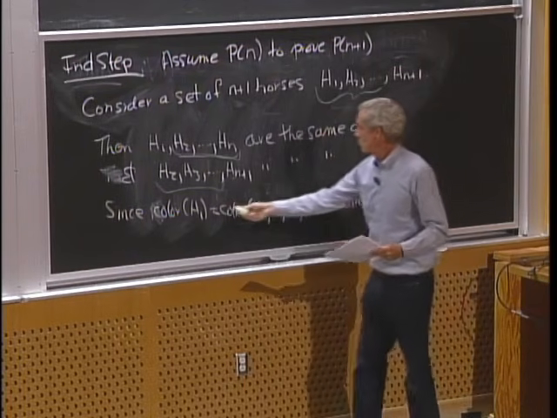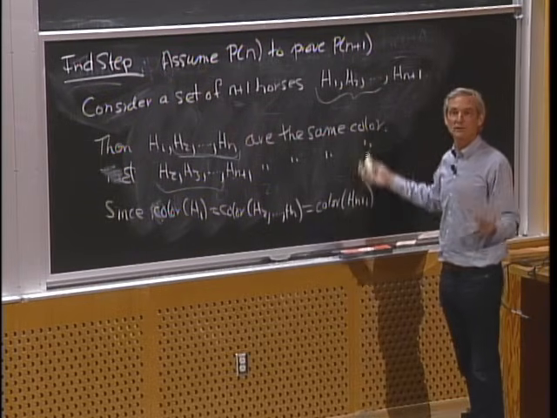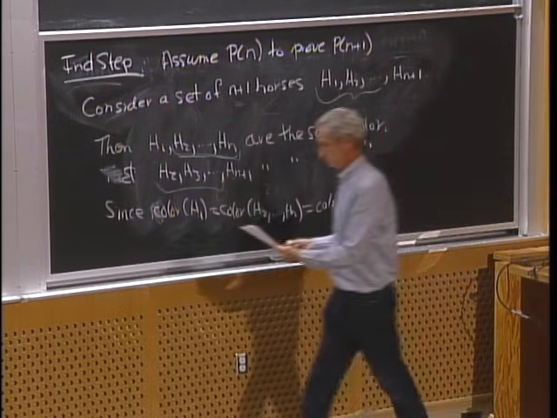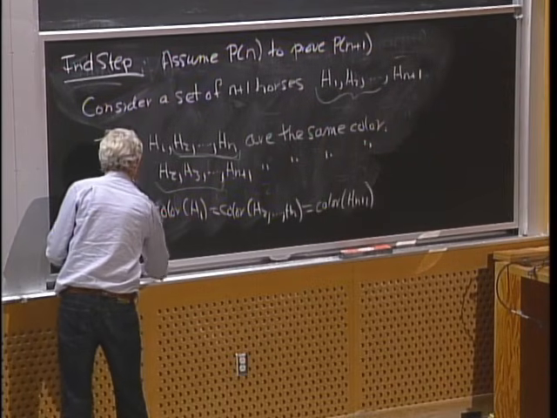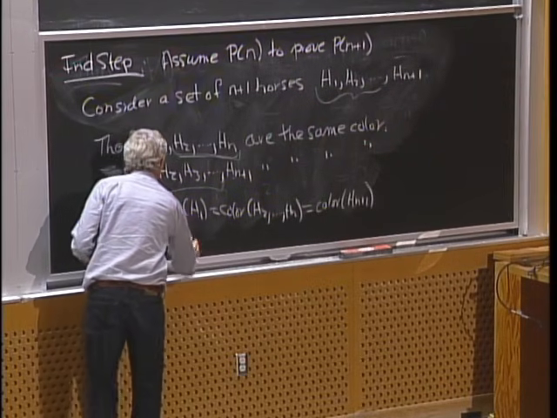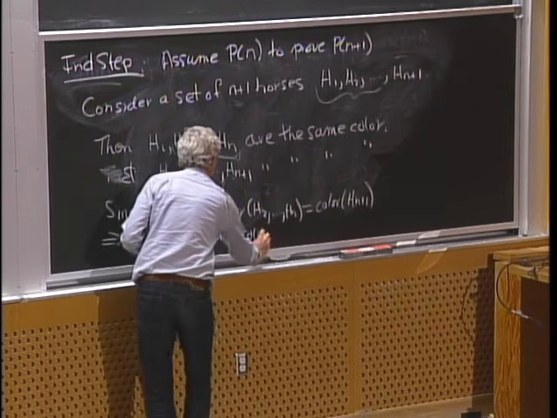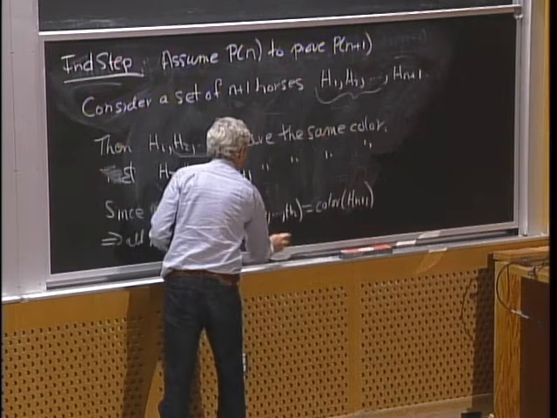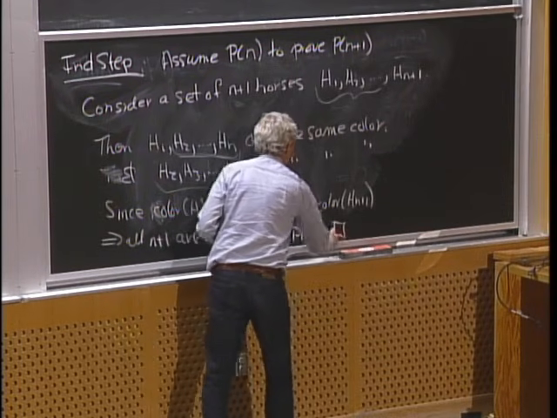That means that h1 is the same color as hn plus 1, and all n plus 1 are the same color. And that's Pn plus 1. That implies Pn plus 1, and I'm done.